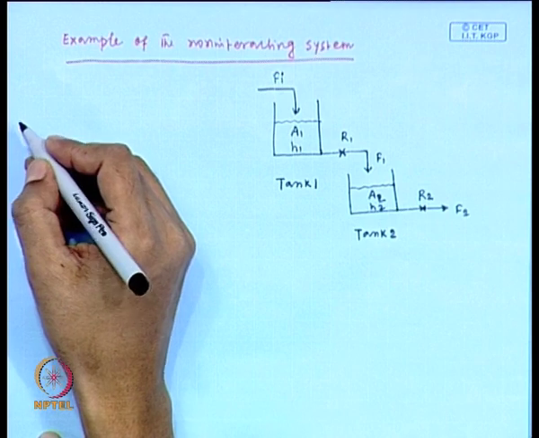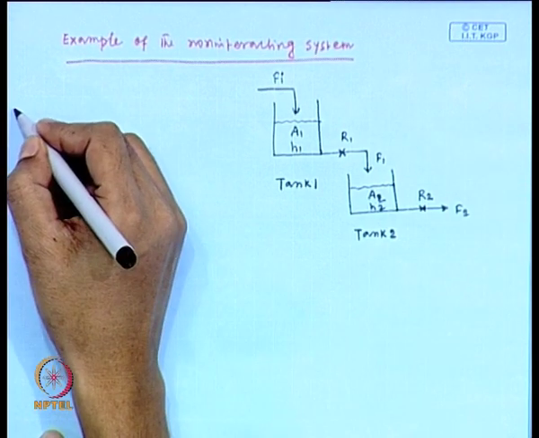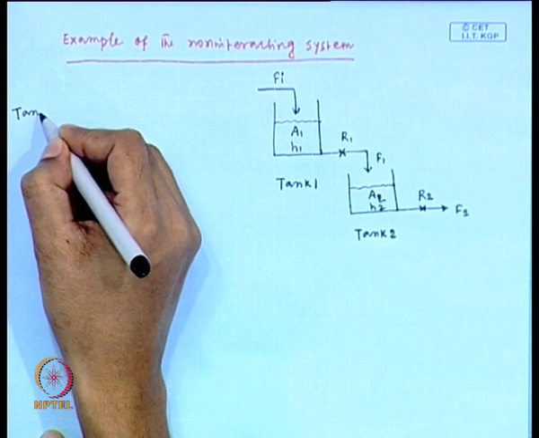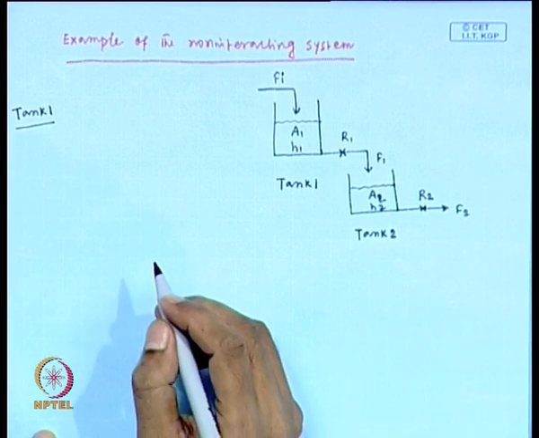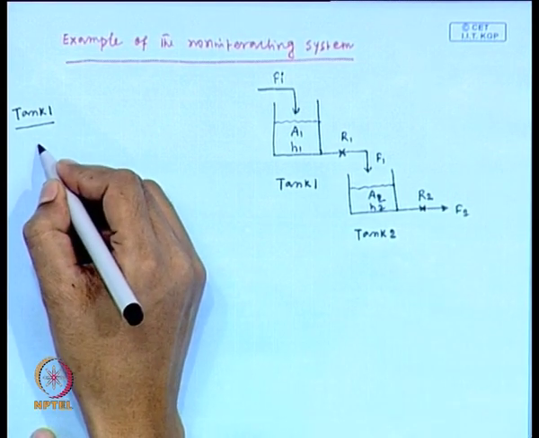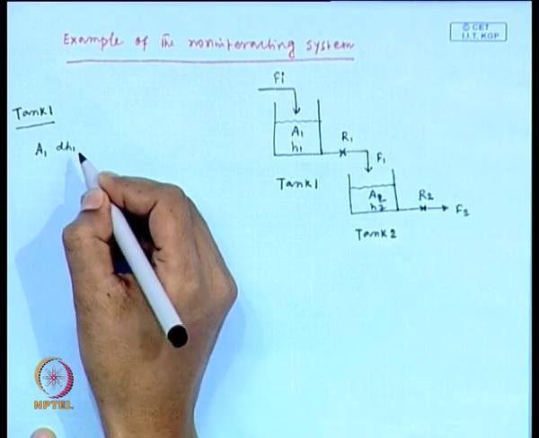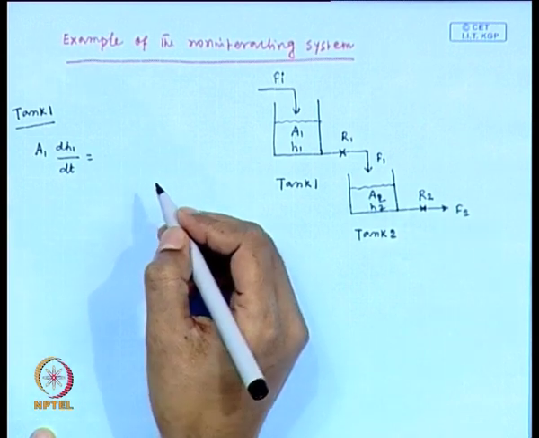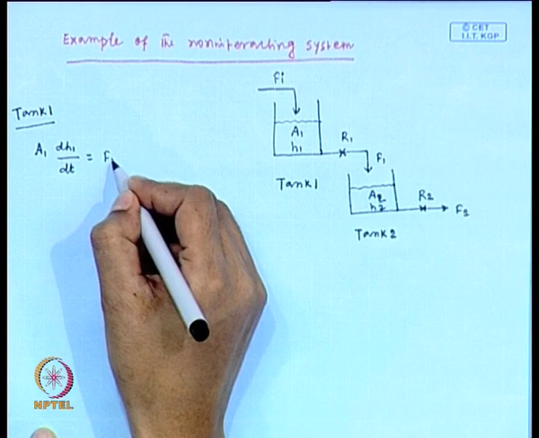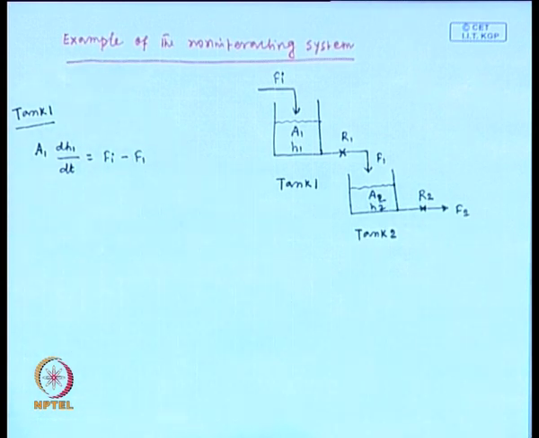Now, what are the modeling equations for these two tanks? If we consider tank 1, the modeling equation is A 1 dH 1 dt equals input flow rate, that is F I, minus output flow rate, that is F 1.